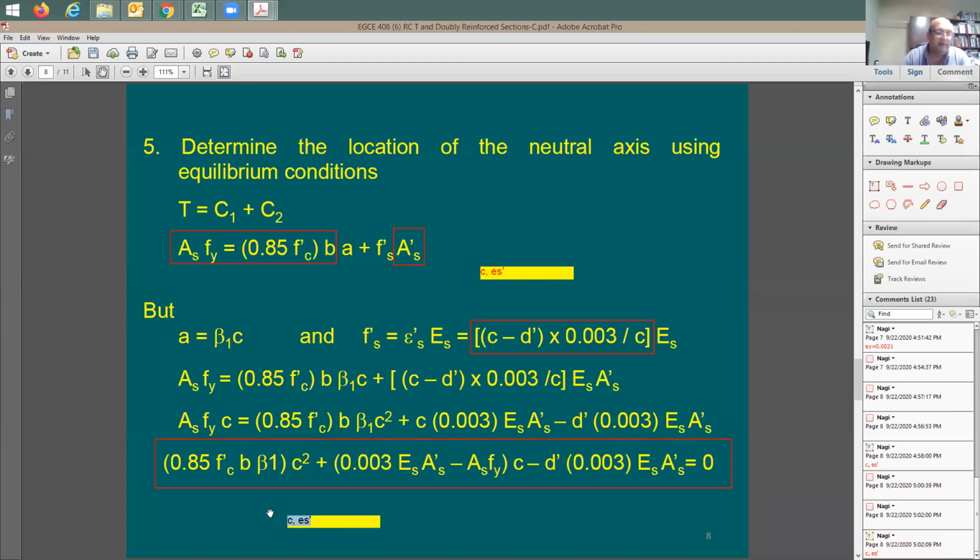This equation is good when? When Fs is equal to Fy, correct? When the bottom steel is yielding. And also Fs prime is less than Fy.